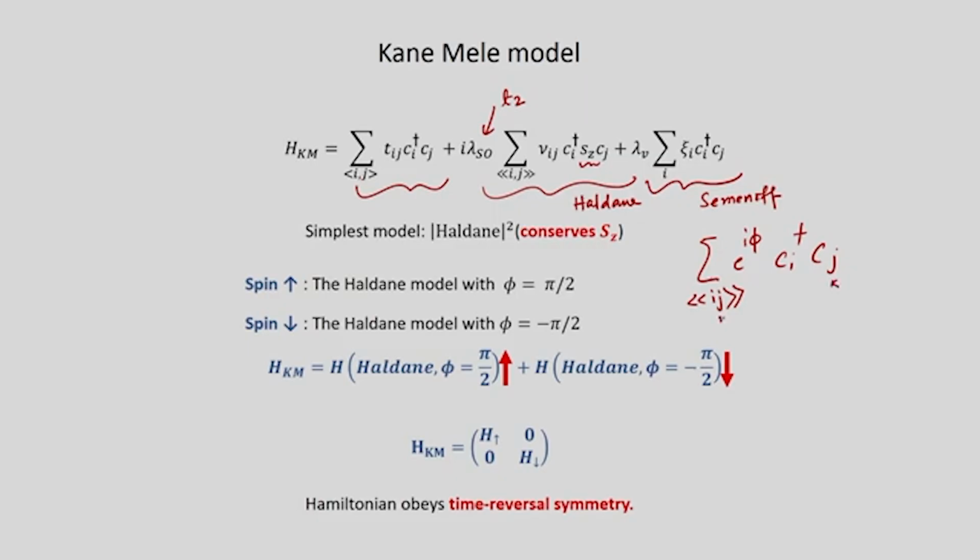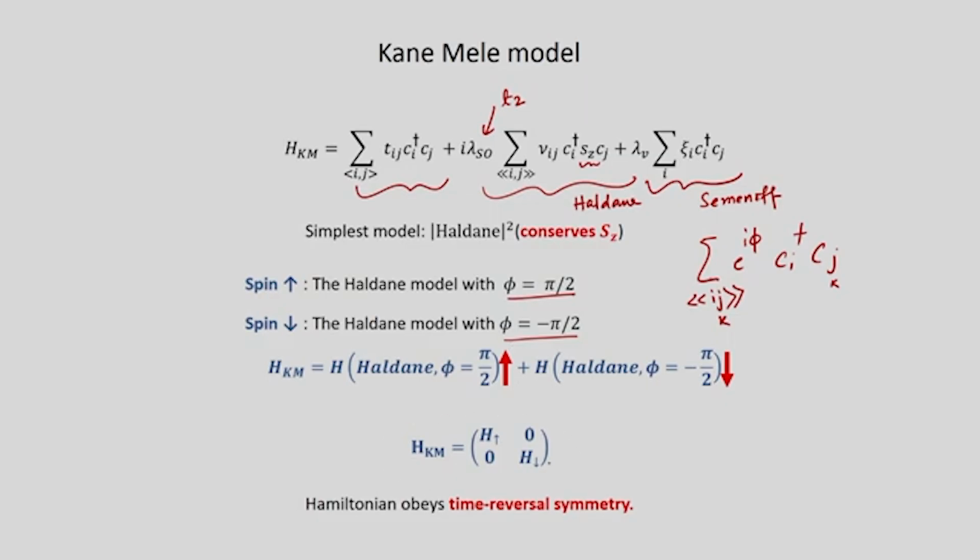So, instead of a j, one can use a k, just to make sure that it's the next nearest neighbor and not the nearest neighbor. We have shown this picture many times, and similarly for the spin down electrons, it's another Haldane model with flux equal to minus pi by 2. So, there is a flux pi by 2 for the up spin and minus pi by 2 for the down spin, and this is exactly what is written here.